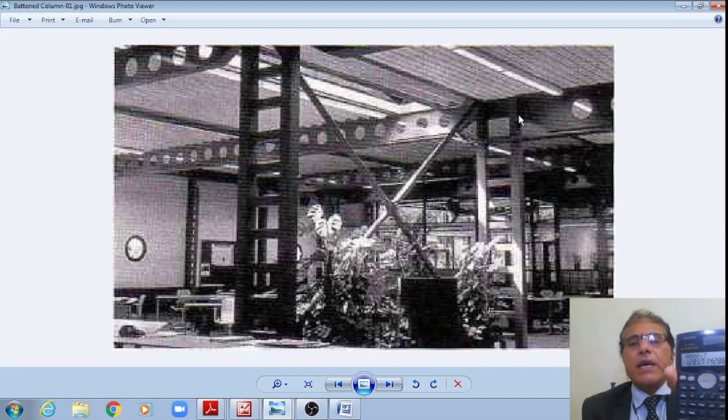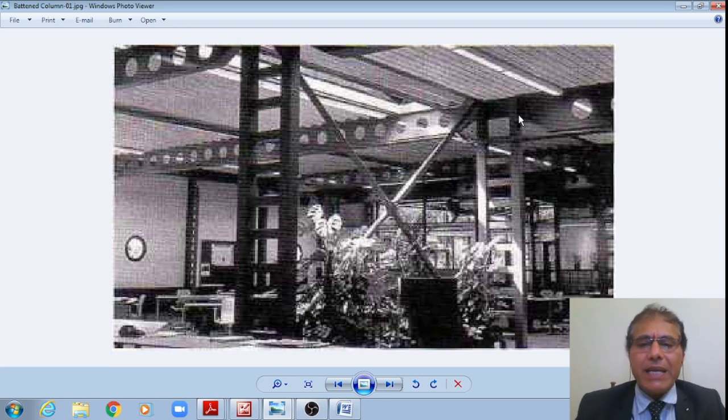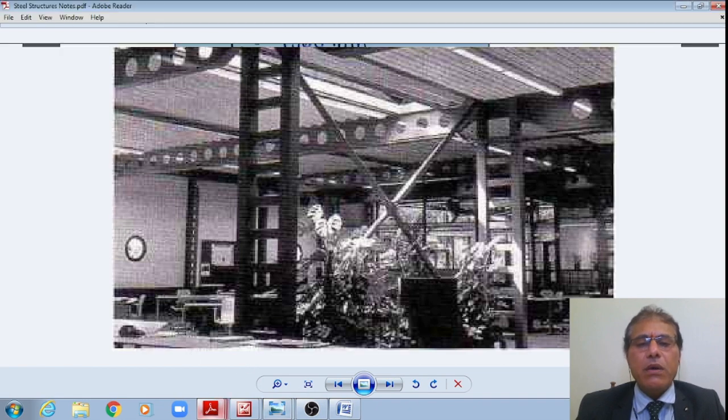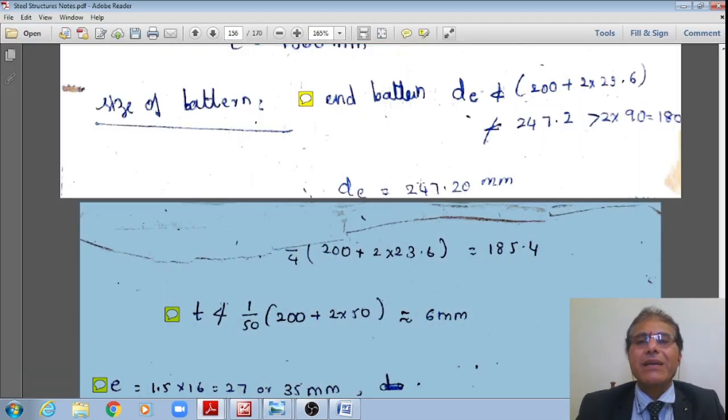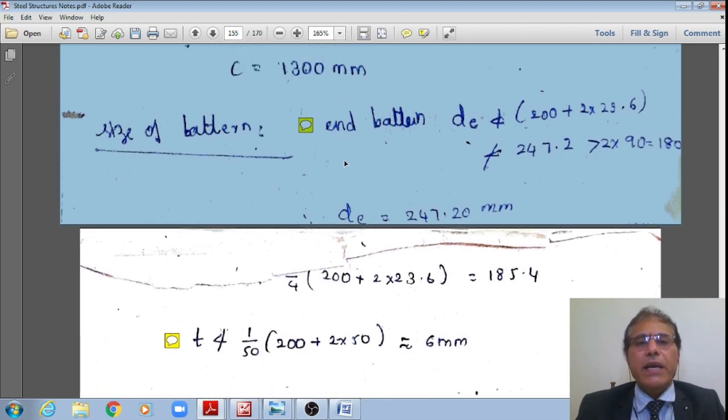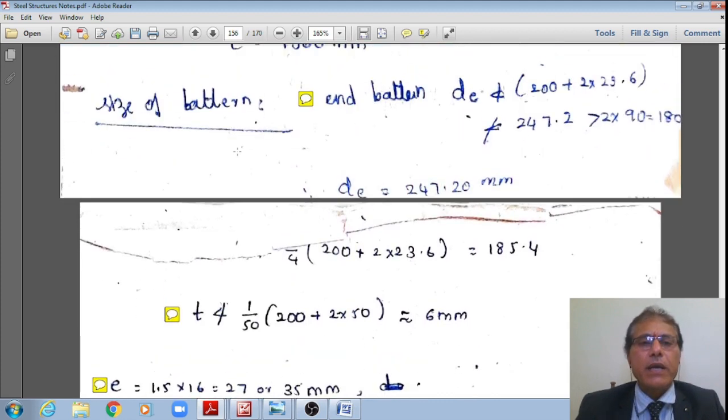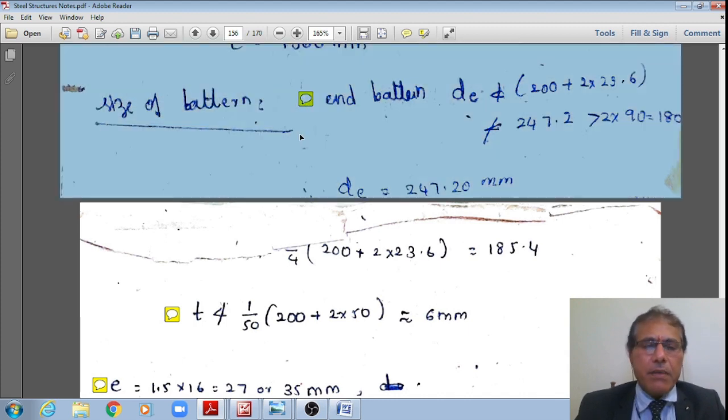Now I'll get some 1286, which is practically feasible. That is how I can fix the actual distance as 1287. That I'll show.